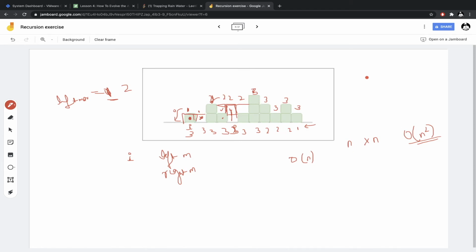The water stored at an element is the minimum of left max and right max minus the height at that position. In this we have taken 3 times n, which is big O of n. So we are able to solve this problem in big O of n.